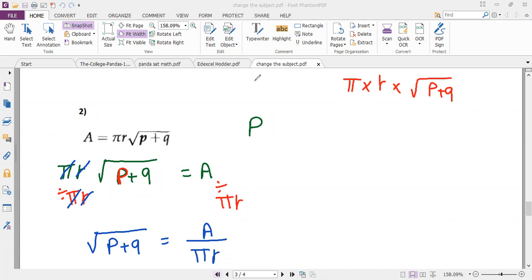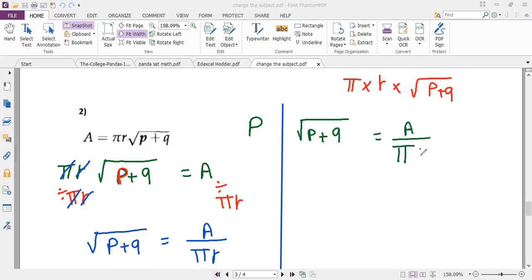But I have a problem now, which is that I have a square root of p plus q. So we can square both sides, because I have the square root of p plus q on one side equals A over pi r, just to get rid of this square root.